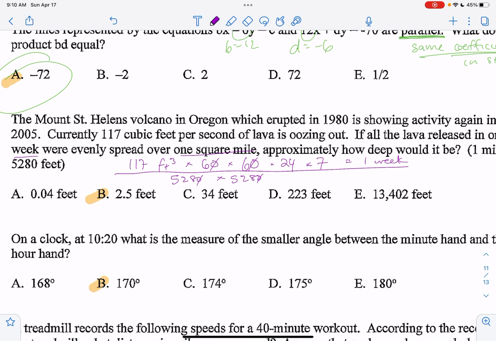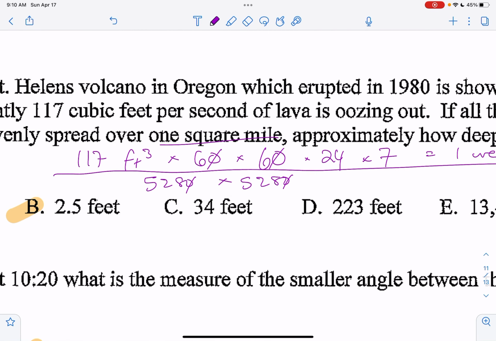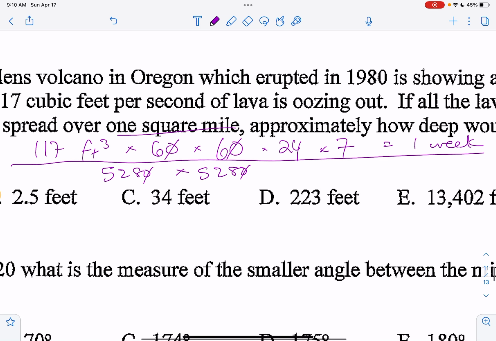Now the answer choices are far enough apart that you can probably just estimate here. So if you see 117, you can estimate that to be about 100 times 6 times 6 times 24, and 7, you can just say it's 10.